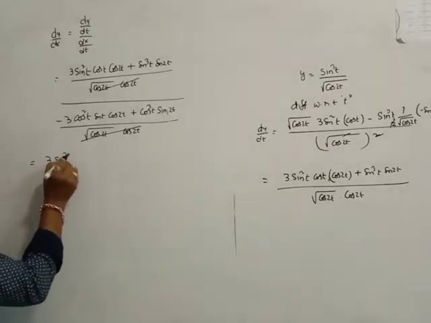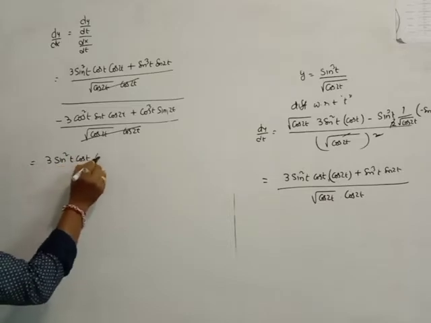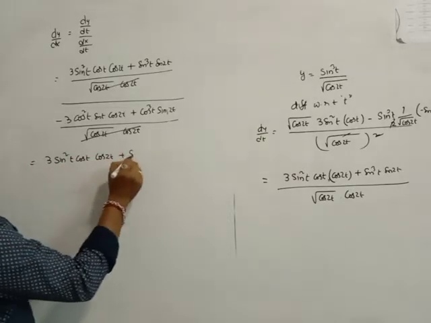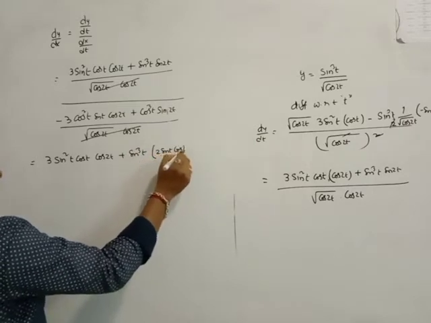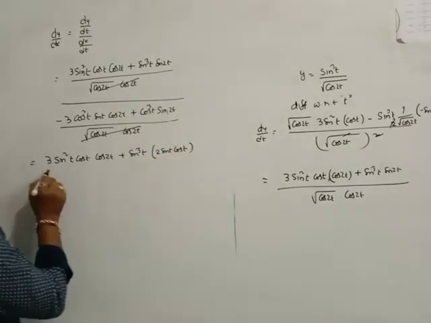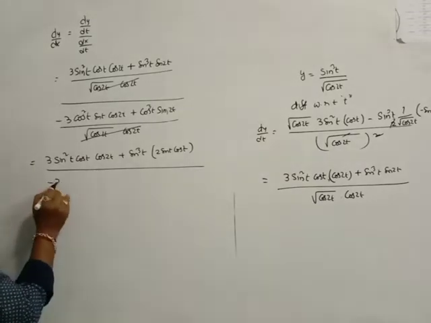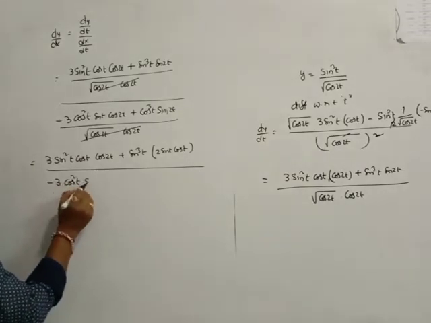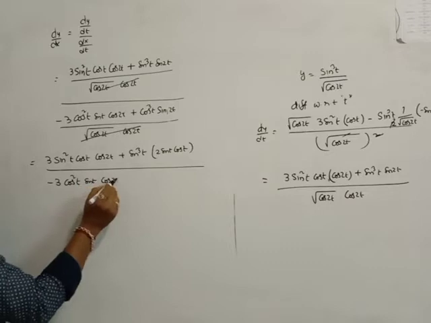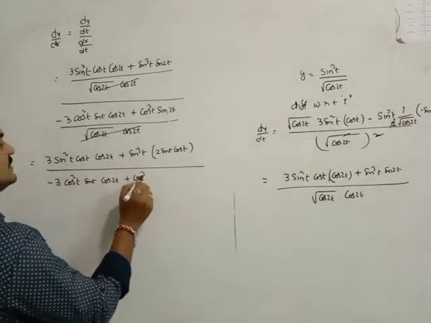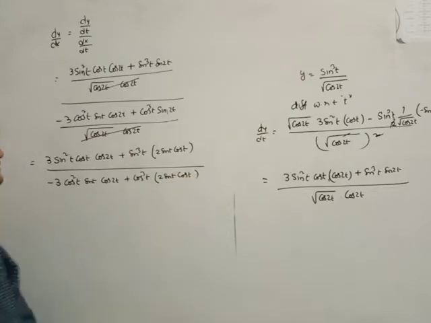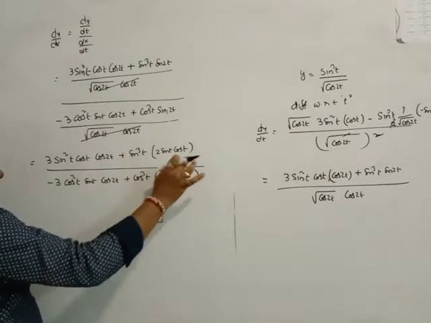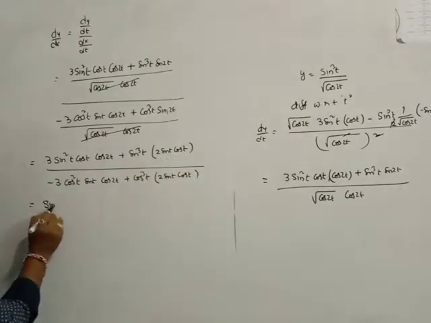3 sin square t cos t cos 2t plus sin cube t into 2 sin t cos t. First of all, I expand the sin 2a formula, then minus 3 cos square t sin t cos 2t plus cos cube t into 2 sin t cos t. This is the first step. In every term sin t cos t is there. Take the common sin t cos t.